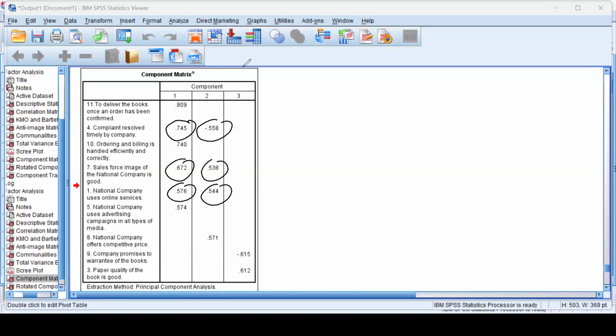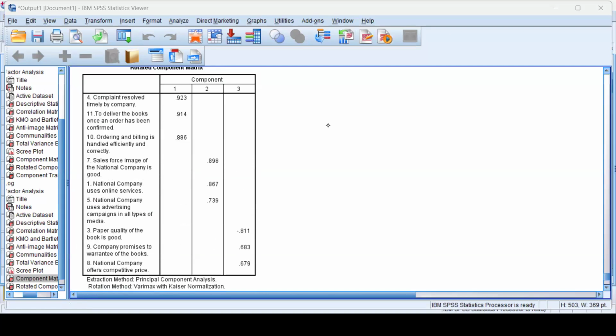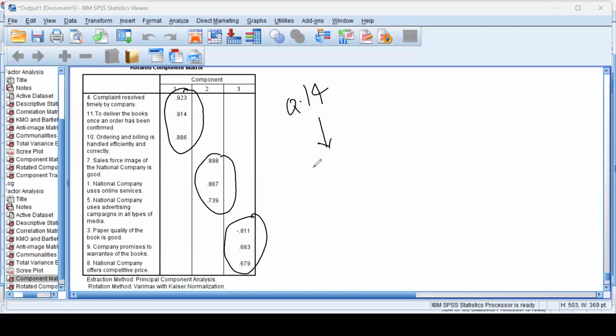So we do not interpret the result of unrotated matrix, we interpret the results of rotated component matrix. So this is my final rotated component matrix. There are 3 questions under the factor 1, 3 questions under the factor 2, 3 questions under the factor 3, and then summarize. The data reduction हो गया. Earlier we were taking 14 questions. Now this EFA reduced it to 9.